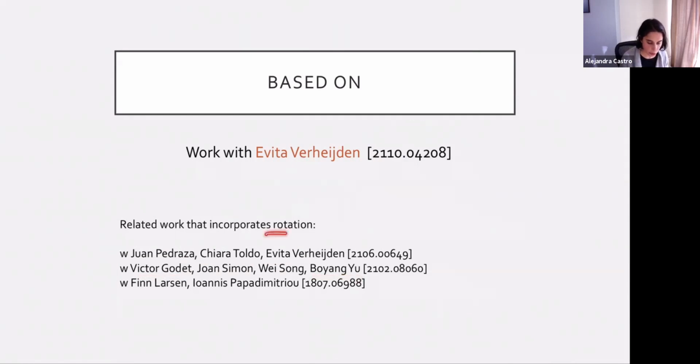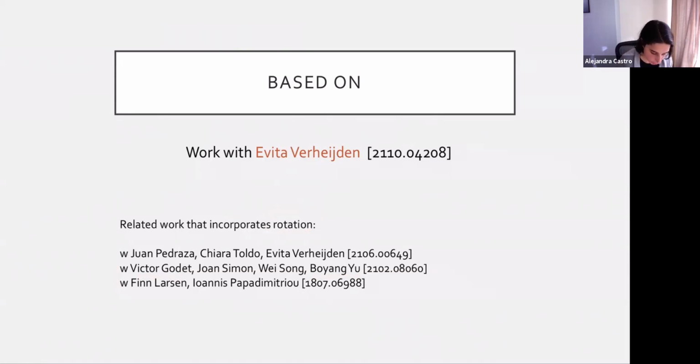These are analyses that incorporate rotation. They fall in a very similar spirit and motivation as the one that we're doing right now. So if you ask me at the end of the talk what happens if you add rotation, I'll let you know. But today, I will not be incorporating rotation. We're going to just look at static configurations.